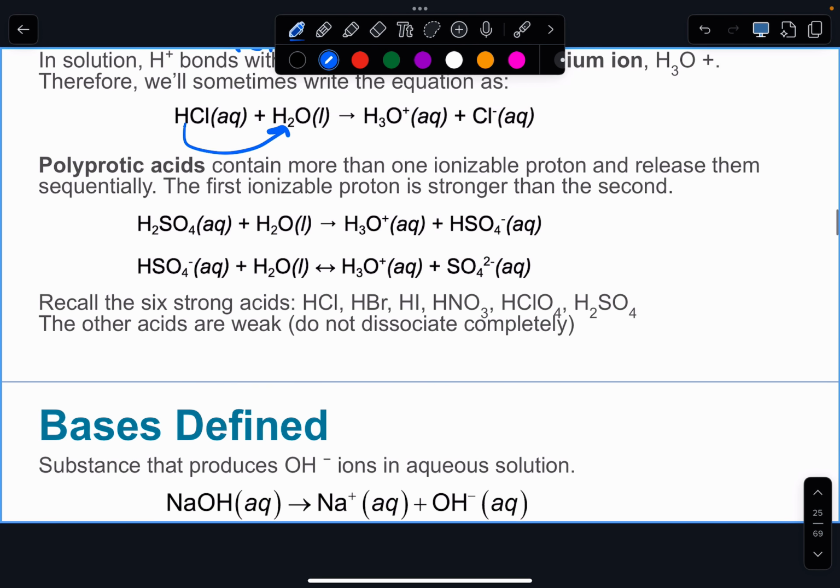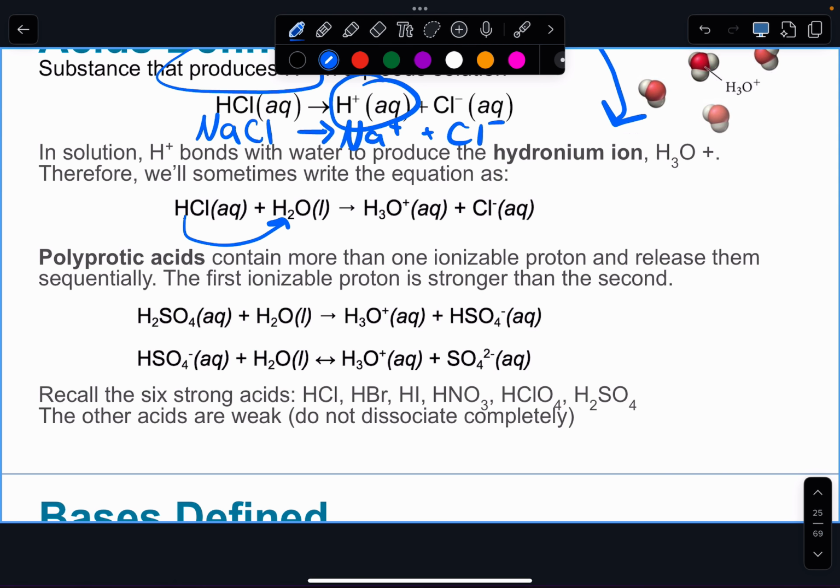Okay. The last little thing as far as definitions are polyprotic acids. So these are ones that have multiple hydrogens that they can donate. Sulfuric acid, which is one of the 6 strong acids, is one of these. So H2SO4, both of those hydrogens can be donated, or the other way we would say that is they're both acidic hydrogens.